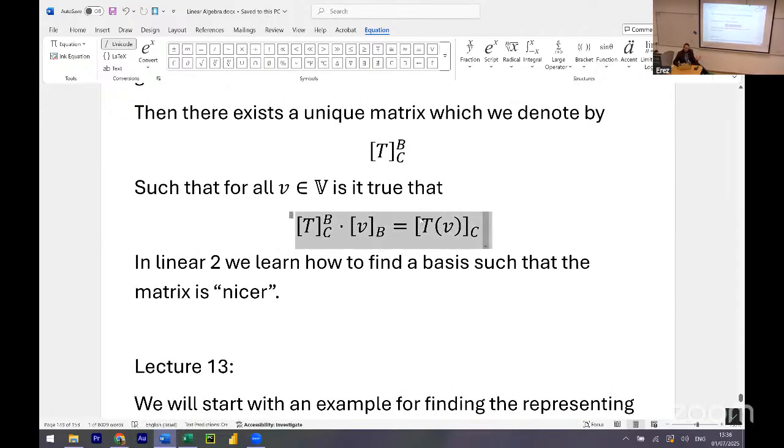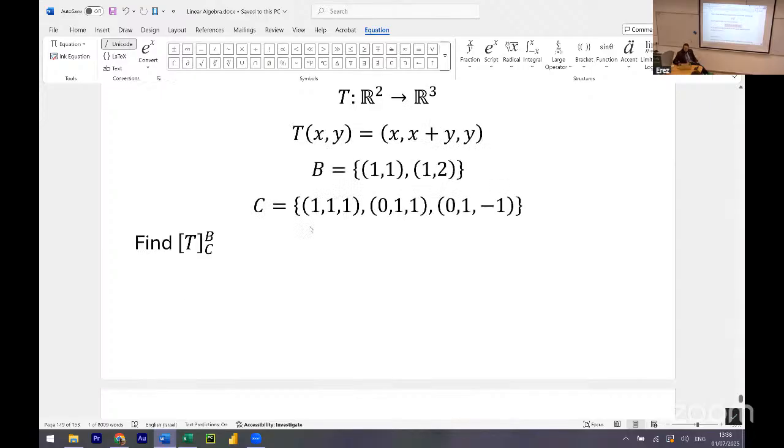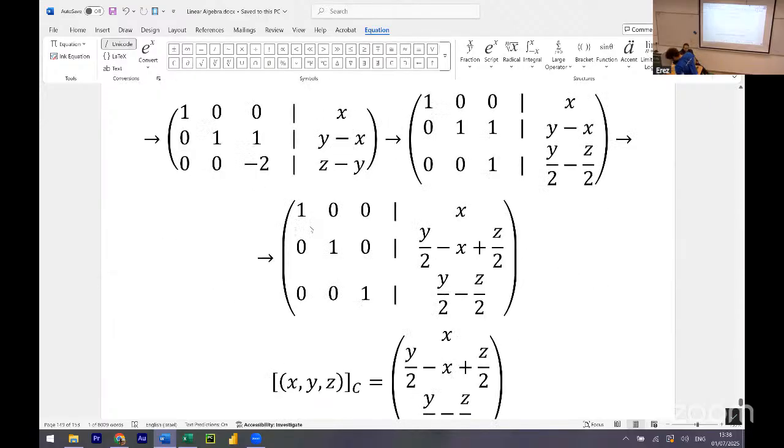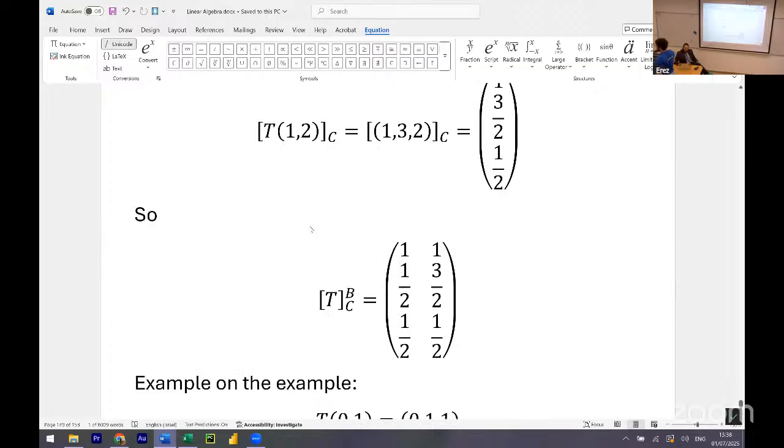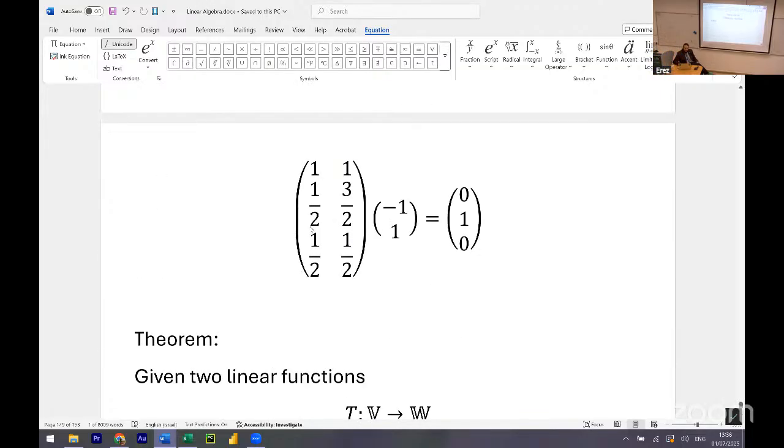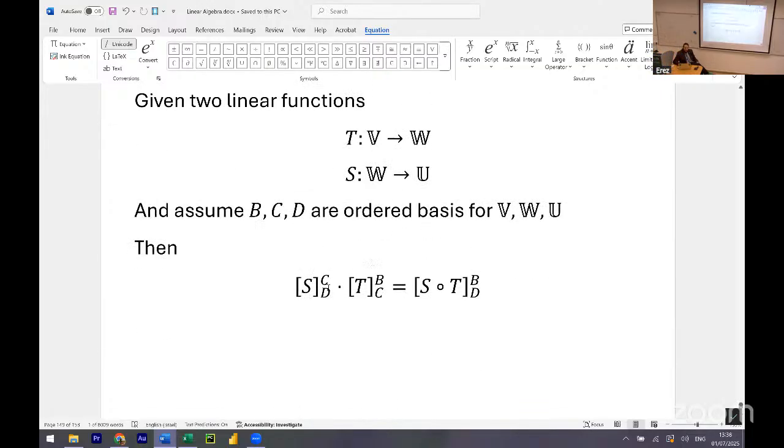If you wanted to, you could have had it from the right, to be honest, I'm not sure. But yeah, the formula is from the left. When you apply the matrix, it's from the left. And therefore, this is rather easy to prove and is left as an exercise for the reader.